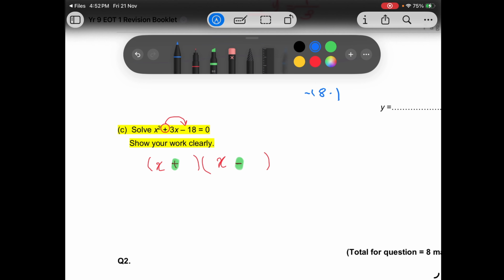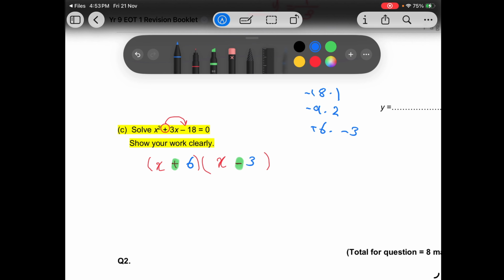So what about minus 9 and 2? The sum is not 3. What about 6 times minus 3? Yes, it's really wonderful, because if you multiply them, it will be minus 18. If you add them together, it will be 3, which is the linear or the middle term. So it's plus 6 and minus 3.